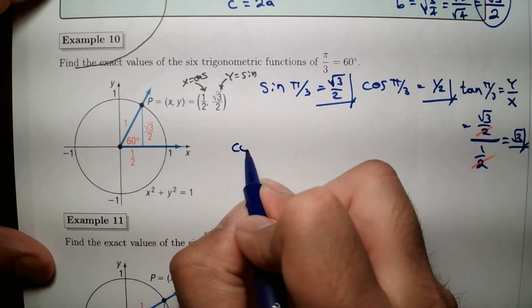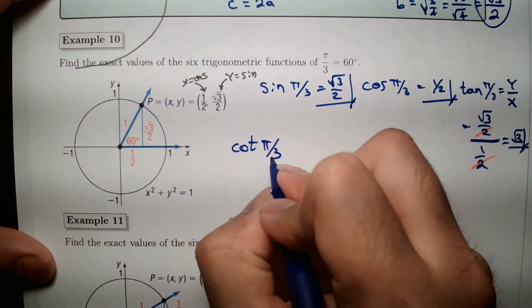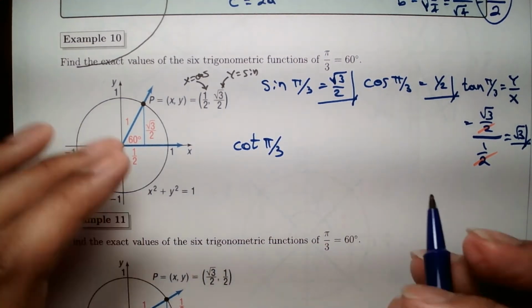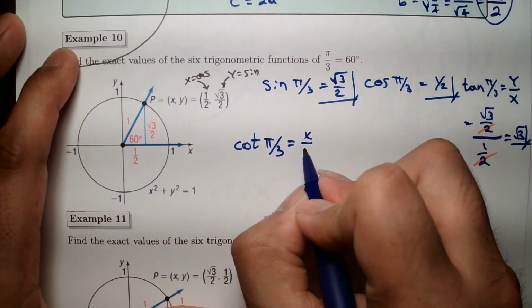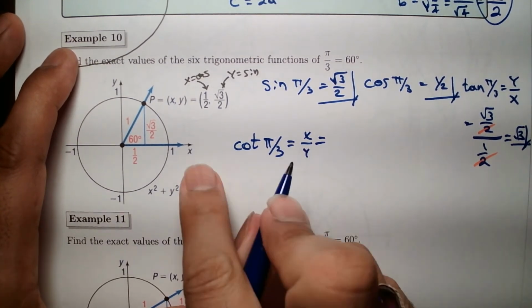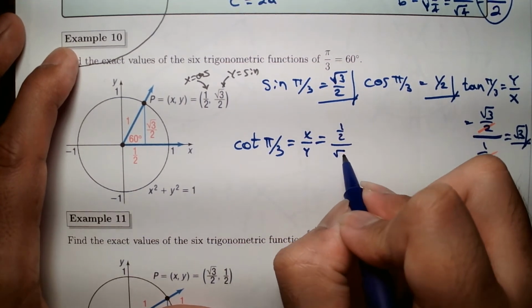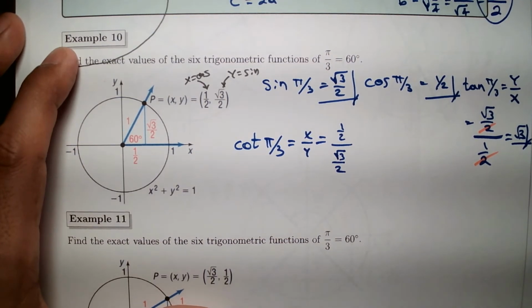Let's do cotangent. Cotangent of pi over 3, which in this case is going to be the reciprocal of tangent, x over y. Let me put everything together. So x, which is 1/2, over the y value, which is square root of 3 over 2. What's going to happen here?